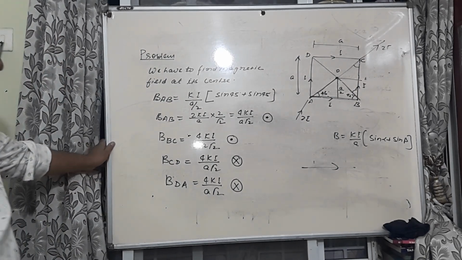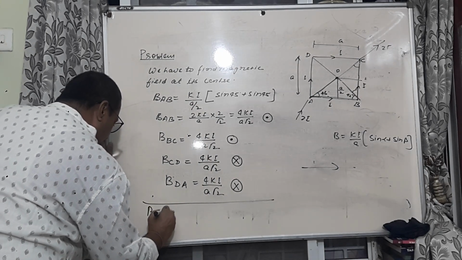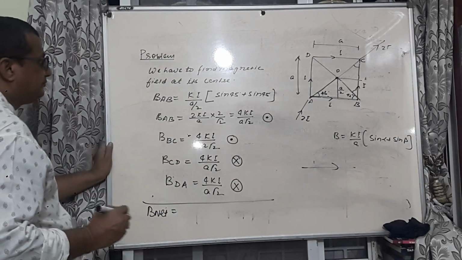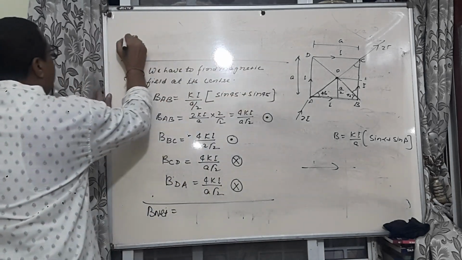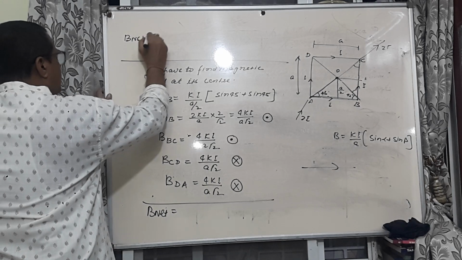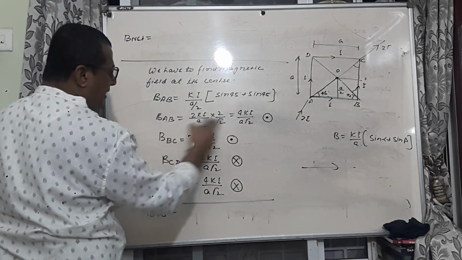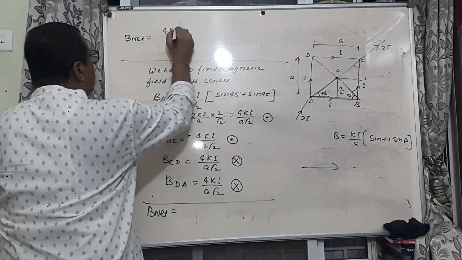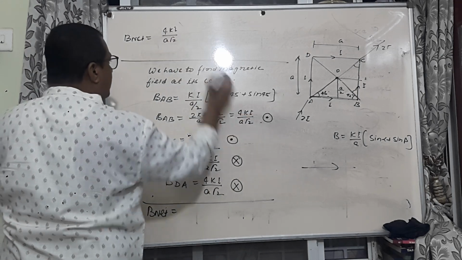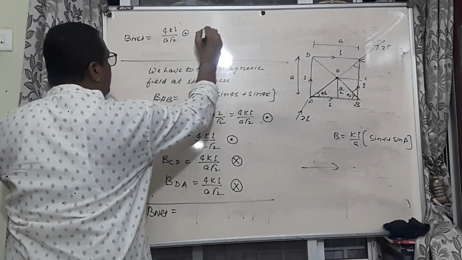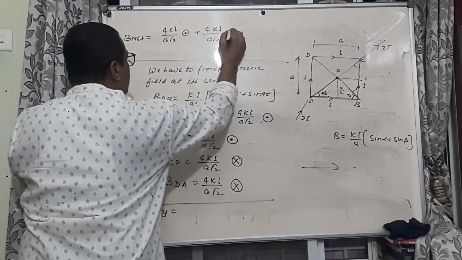Got it? Now we will add these, the net magnetic field. B net is equal to, for AB, 4 Ki by A root 2, this is outward, plus 4 Ki by A root 2, this is also outward.